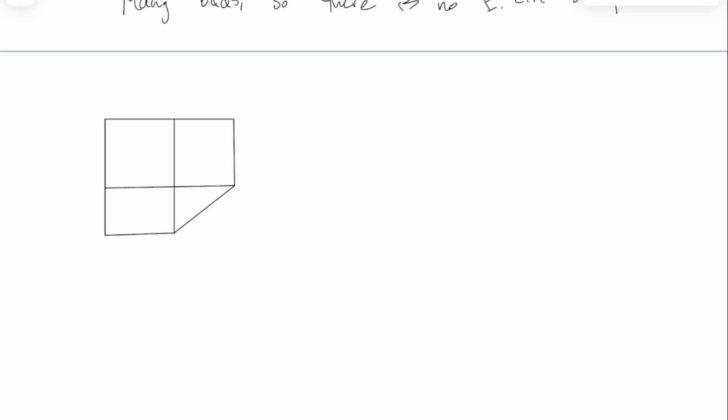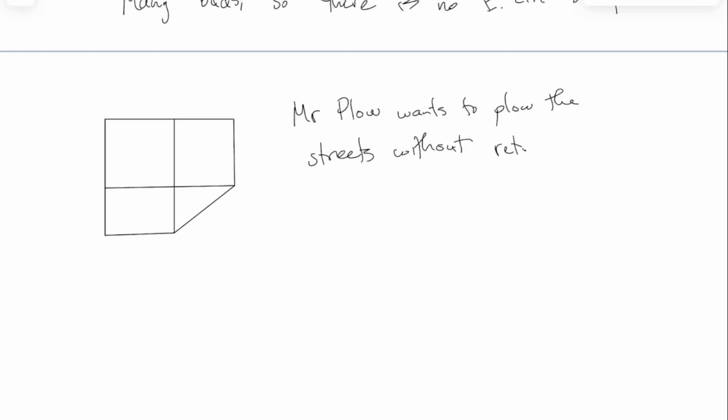And let's say this is a street network, and Mr. Plow wants to plow the streets, of course, without ever retracing any. You don't want to drive your plow down the street that you already plowed. That's the idea.